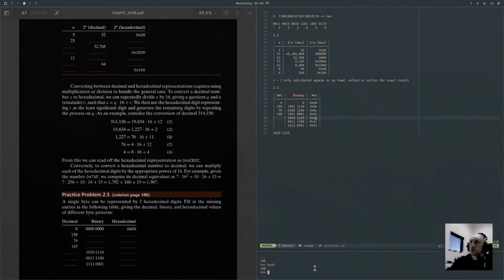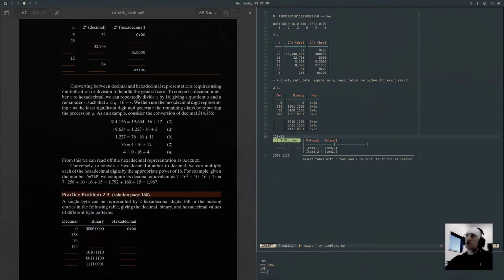So I'm not going to check these quite yet. I want to check them as I convert. So this is going to be, you got 1, 2, 4, 8, 16, 32, 64, so 128 plus 32 plus 8 plus 4 plus 2.